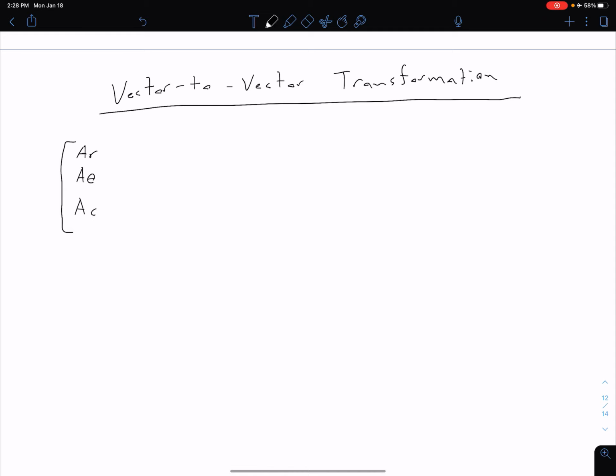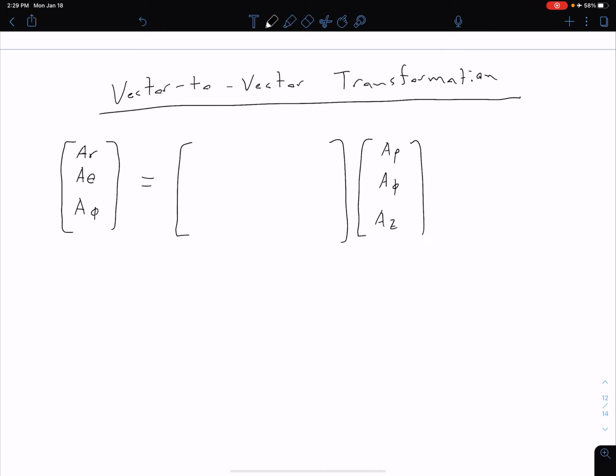So let's say we're looking for our spherical coordinate components, A r, A theta, and A phi. We're going to have some 3 by 3 matrix, which is going to be multiplied by our cylindrical components, A rho, A phi, and A z. Of course we know we have the same phi component, so for our third row we're going to have 0, 1, 0, and essentially that's just saying A phi is equal to A phi.